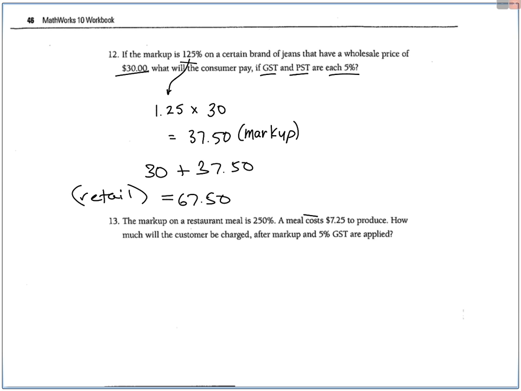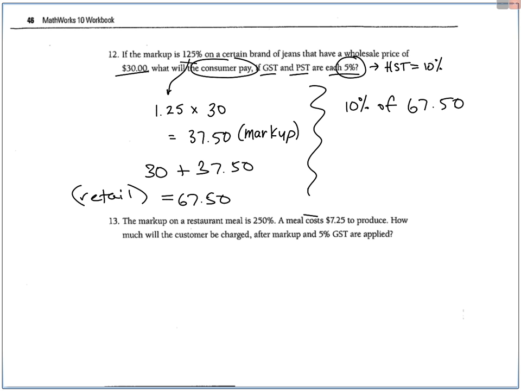Okay. Now we can do the taxes stuff. It asks what will the consumer pay? So you can harmonize this. 5 plus 5. HST is 10%. So you need 10% of your retail price. Make that a decimal. 10% of 67.50 is 6.75.